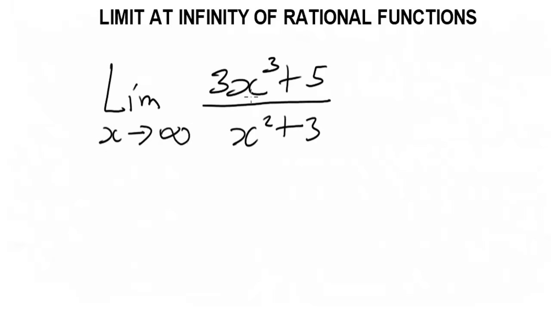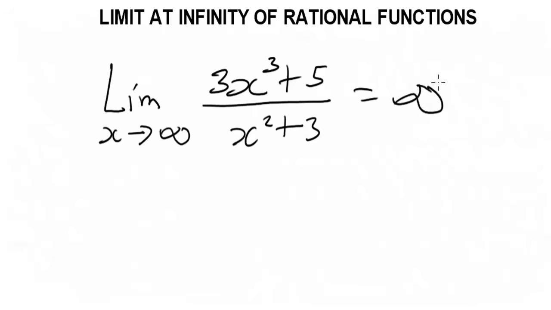Now, the first principle states that whenever the limit of a function is tending to infinity and the highest power of the numerator is greater than the highest power of the denominator, the limit of the function is said to be indeterminable or does not exist. So the answer to this question will be infinity.